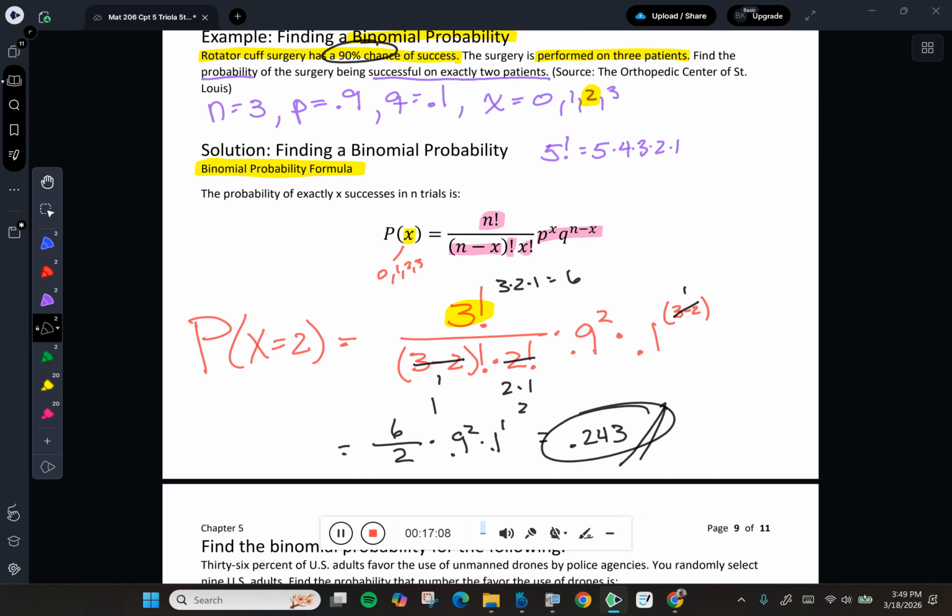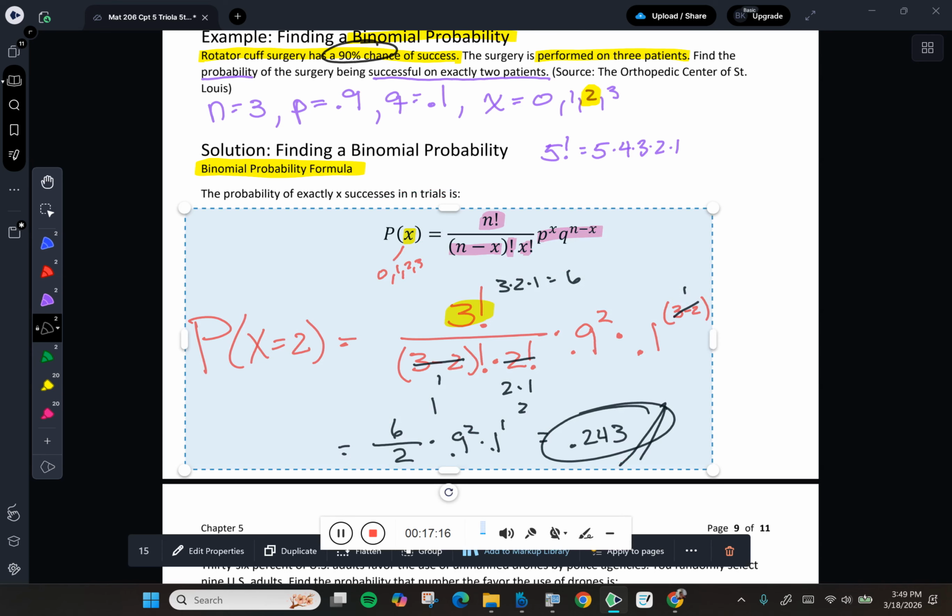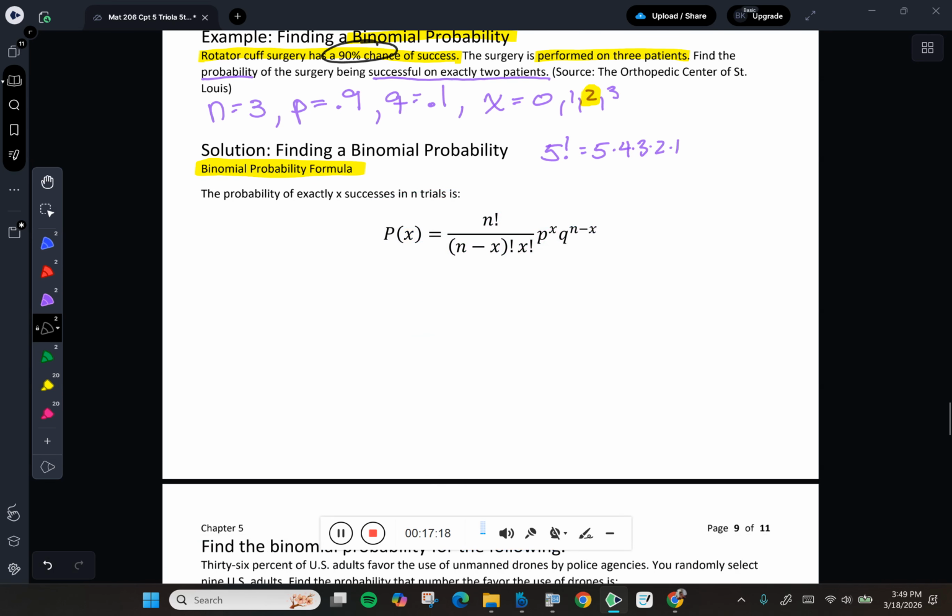And I'm going to erase this and show you why I say there's a lot going on here. Right? Let's see, delete. If we think of this in terms of a tree diagram, surgery 1 could be success or could be failure. Surgery 2, success, failure, or success and failure.